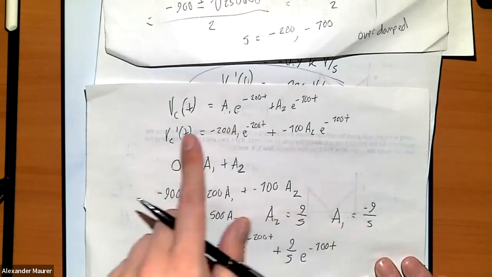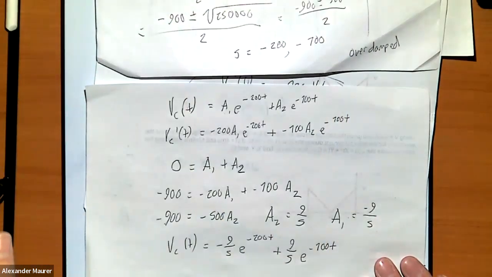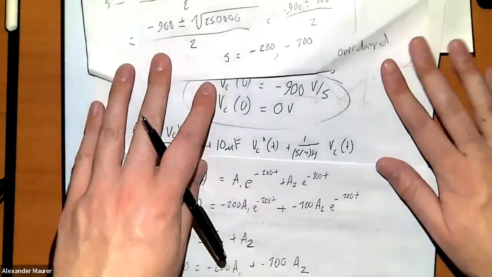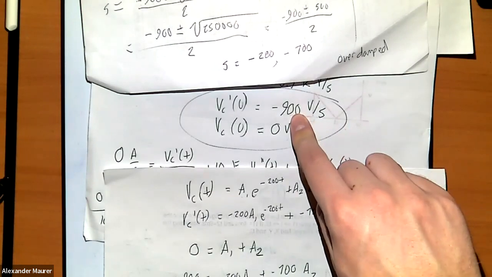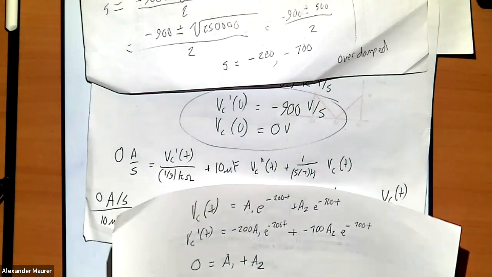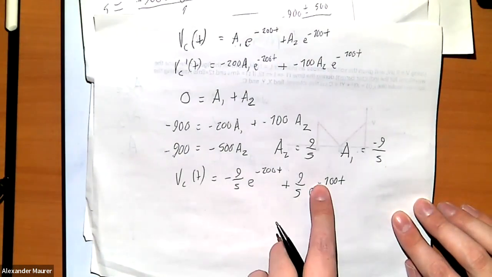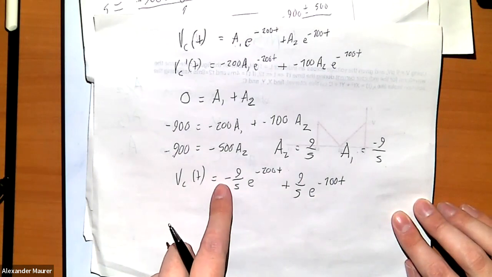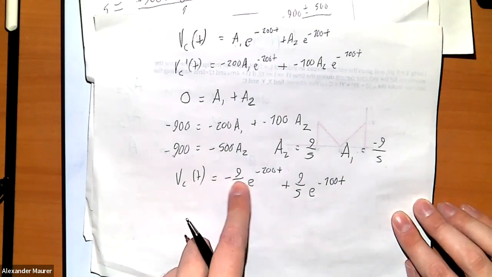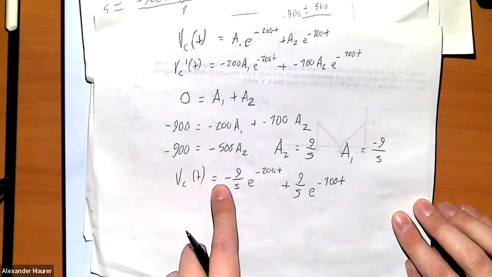We know that V prime was negative 900, so our capacitor voltage is decreasing from 0. And that's true in the form of our solution. This decays faster, so for all time, this exponential has a higher magnitude and it is negative.